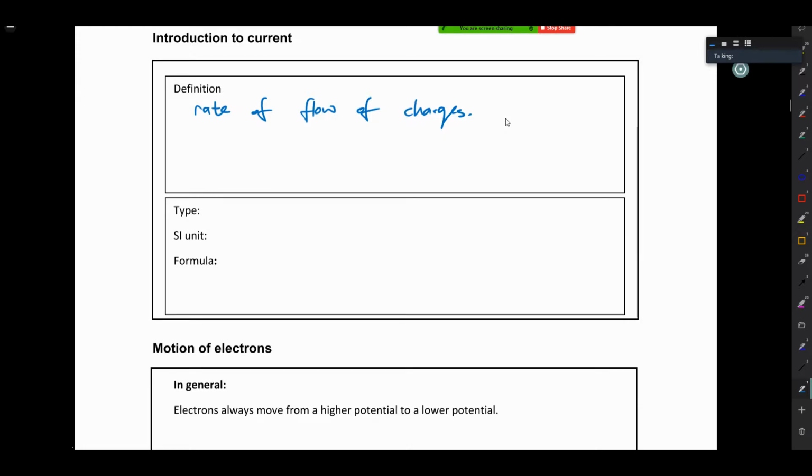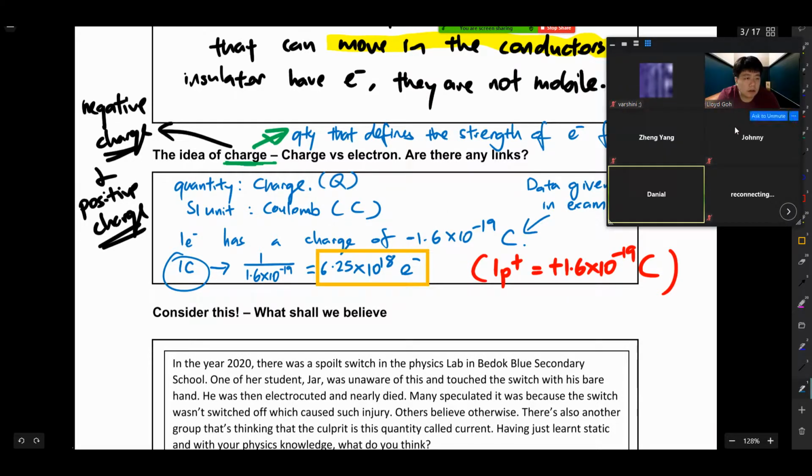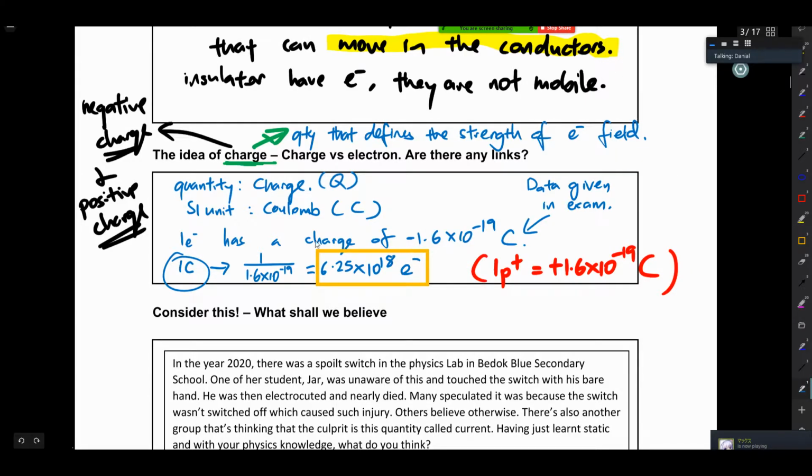This is defined as current equals Q over T. By the way, the symbol for charge is Q, just like the symbol for length is L and the SI unit is meter. The symbol for charge is Q, and the SI unit for charge is coulomb.